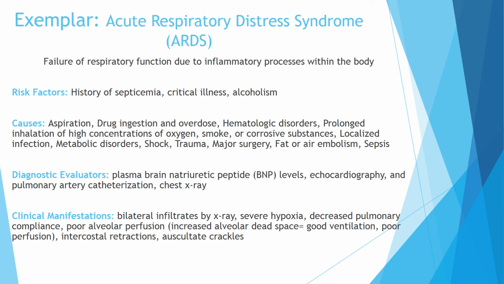If you think back to your ABGs when you learned about acid base, your normal PaO2 is 80 to 100. So if you have someone with severe hypoxia and their PaO2 is less than 50, that's a problem. They're not oxygenating well at all, which means the rest of their body and all the tissues and cells are not being oxygenated.